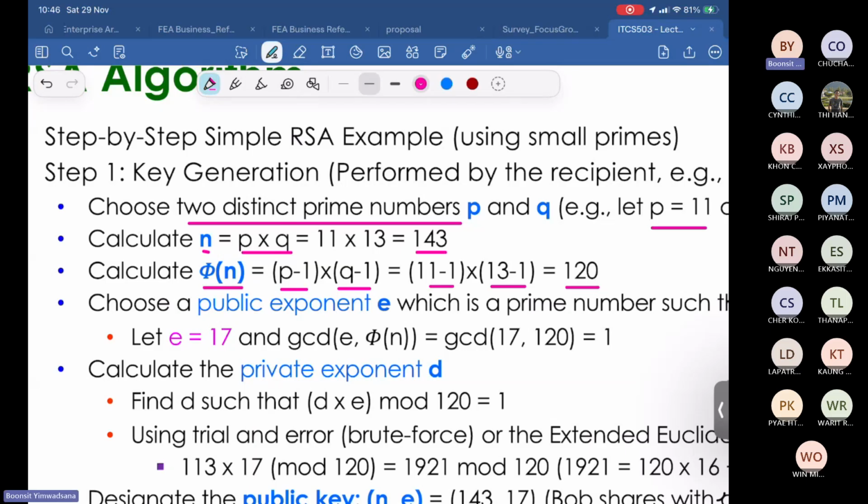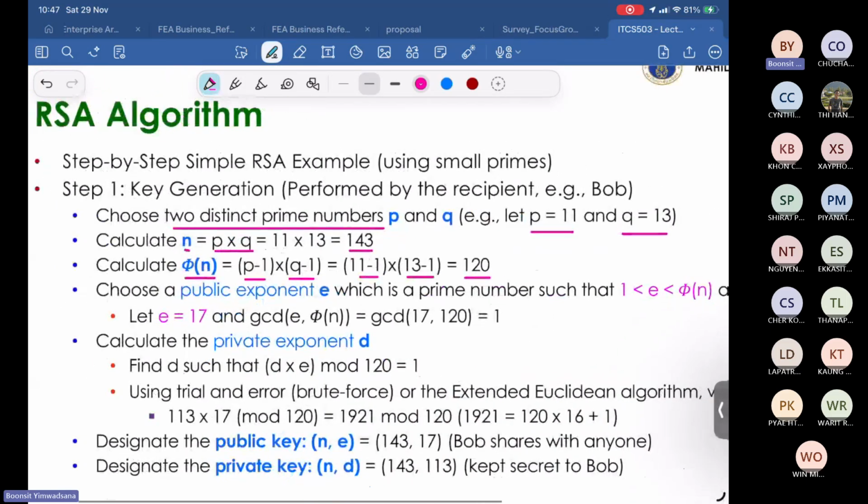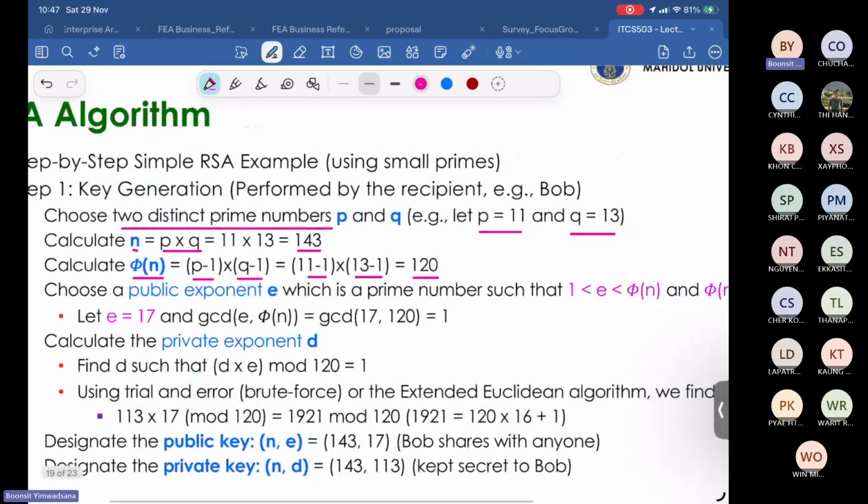Once we have n and phi n, then we will create something called a public exponent. Actually, we call this the encryption exponent.